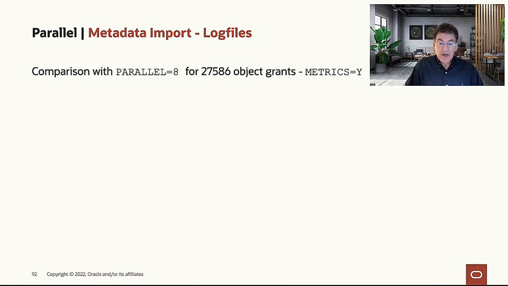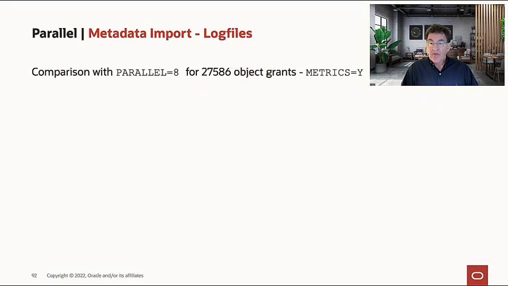Now, here is an example of snippets from log files, where we can see the difference using parallel equals 8 versus a pre-12.2 import that was not using as much metadata parallelism.